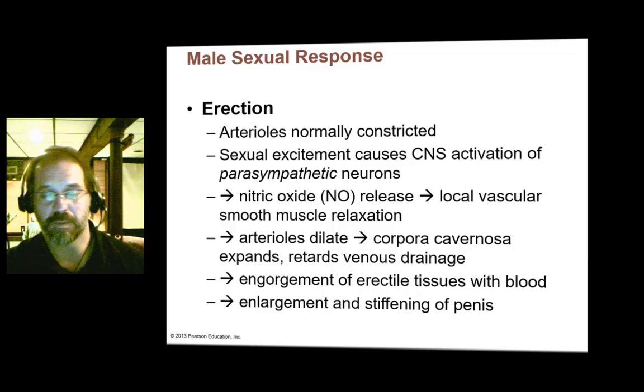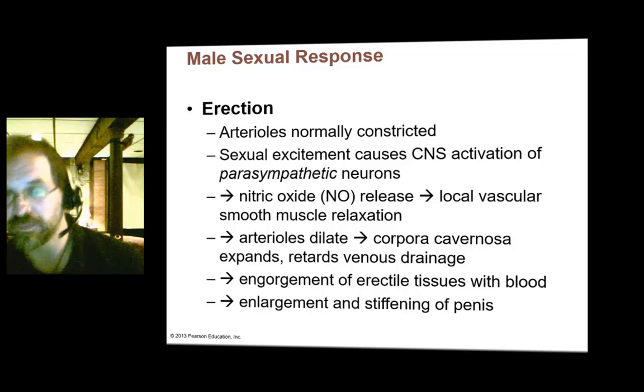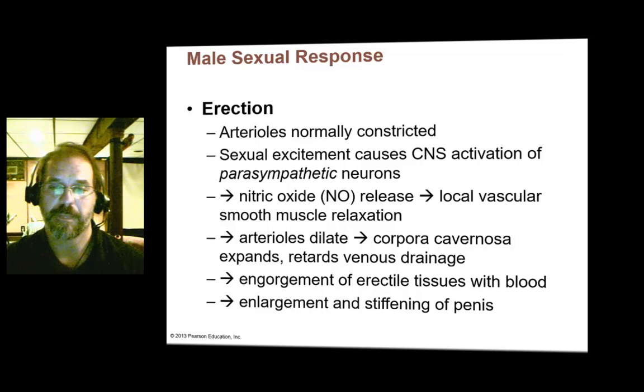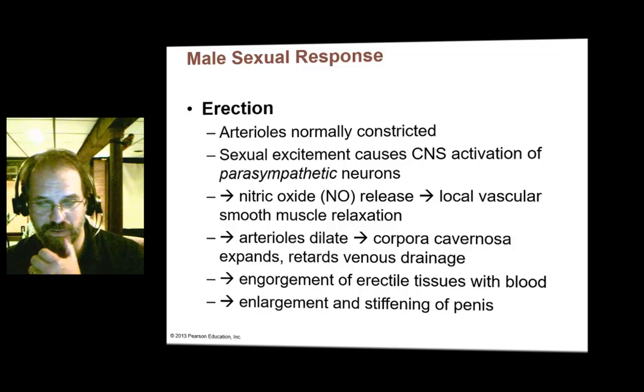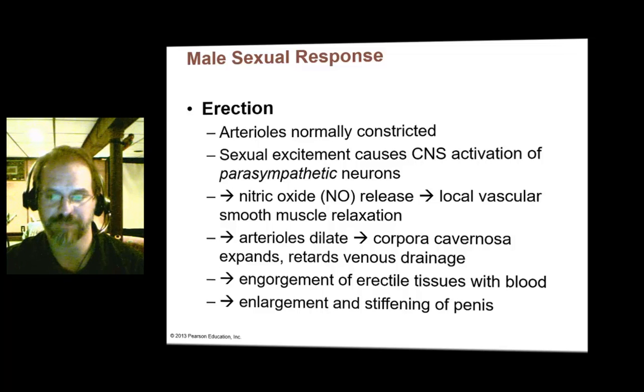And as we remember from our previous lectures, nitric oxide is a powerful vasodilator, and it relaxes the smooth muscle. So the arterioles dilate, the corpora cavernosa, and to an extent the spongiosum becomes engorged with blood, compresses the penile veins, and prevents the drainage, and so that's why the erectile tissues become engorged. And that causes an erection.